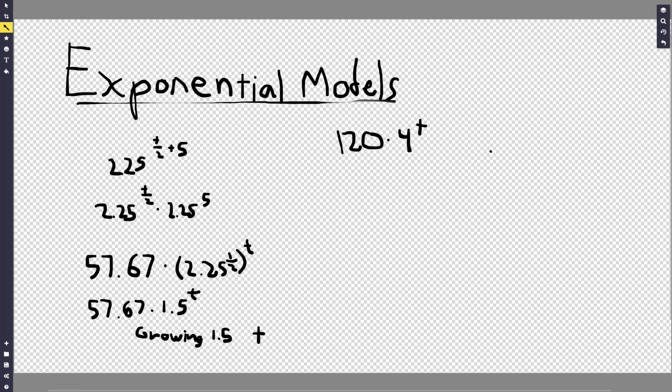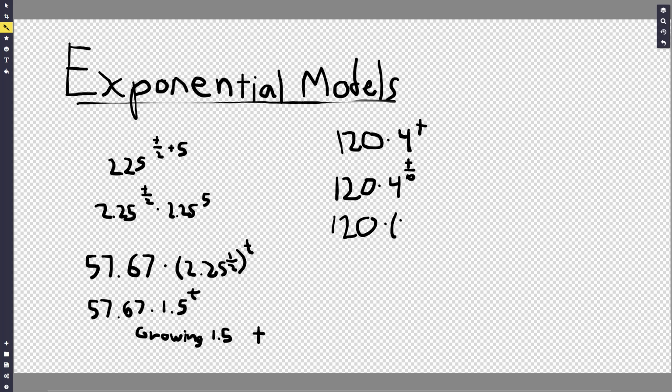Okay, well, how can we figure this out? Well, we know that a decade is equal to 10 years, right? So we can rewrite this as 120 times 4 to the power of t divided by 10, right? Well, we want to figure out how much it increases every year.